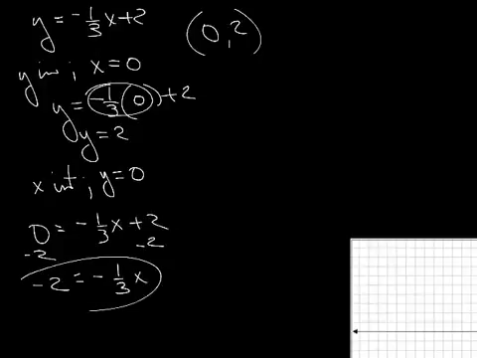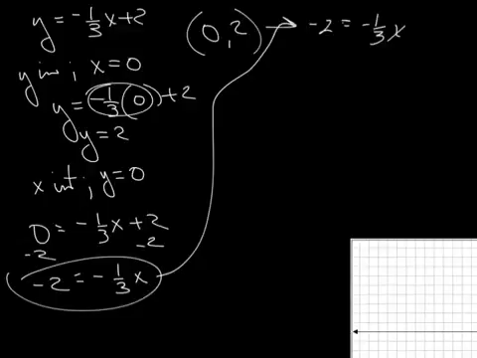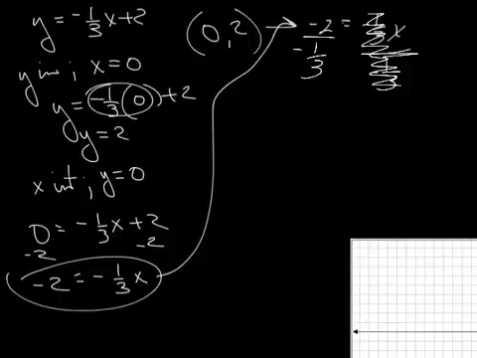Alright, so let's take this and rewrite it up here so we can continue, because I ran out of blackboard. Alright, so how do I get rid of this negative 1/3? Well, I divide by negative 1/3 on both sides. That makes these go away over here. What happens over here? I have negative 2 over 1 divided by negative 1/3.